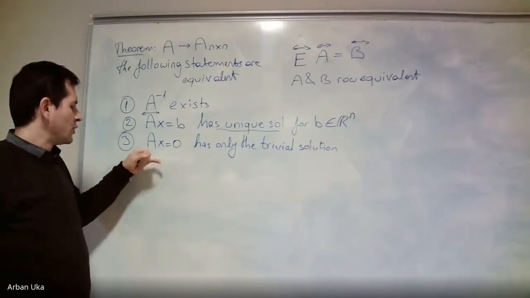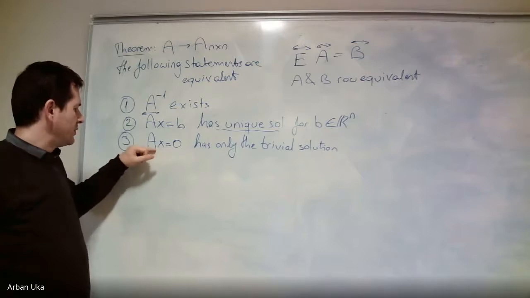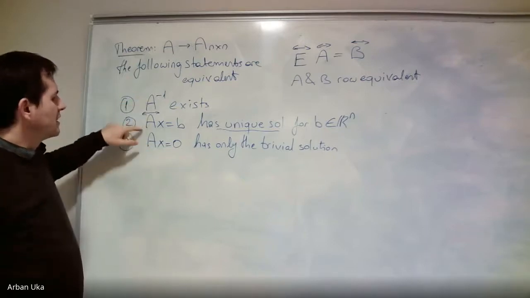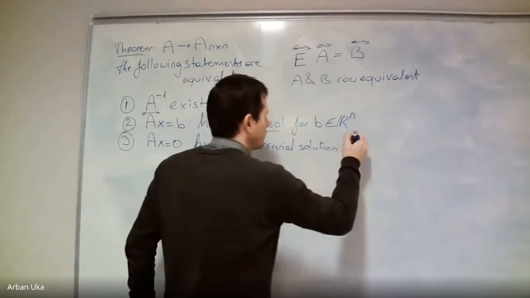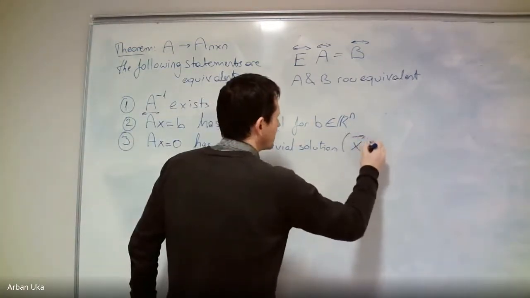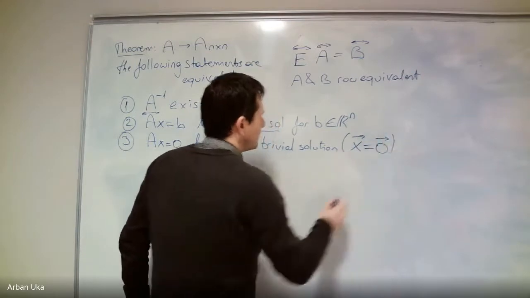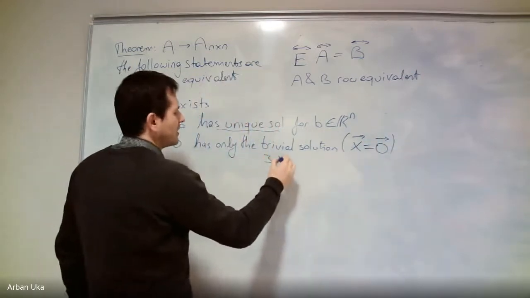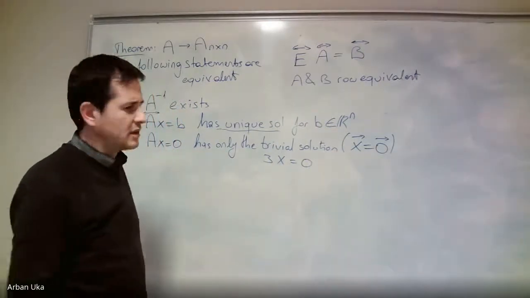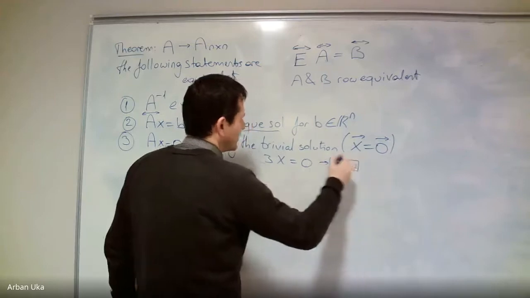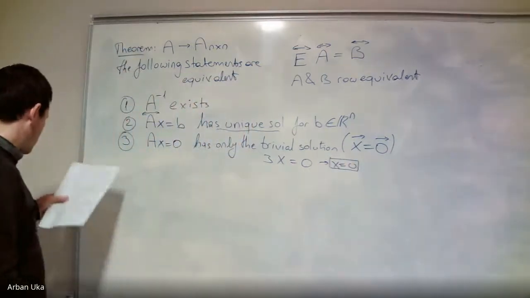But the moment that A has an inverse, this equation has only one solution, which is the trivial one. Because we know that for 3 times x equal to 0, what is the trivial solution here? x equal to 0. So this is the third statement.